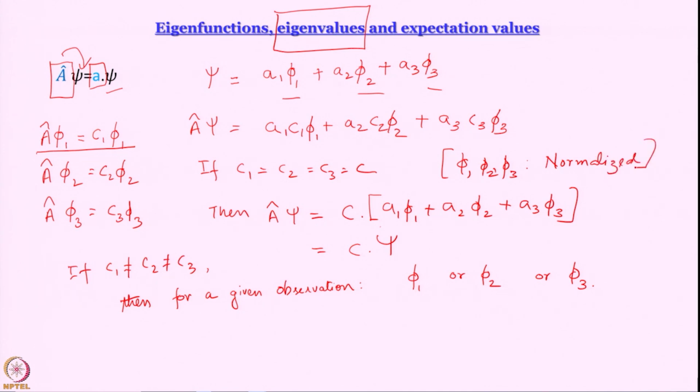So, you are going to see either phi 1 or phi 2 or phi 3. So, the variable A that you measure, for some experiments you are going to see a value of C1, for some experiments you are going to get a value of C2, for some you are going to see a value of C3. Okay. What is the average value that you will get?